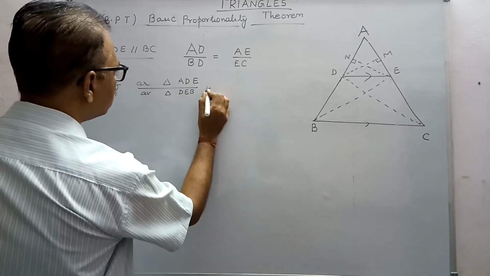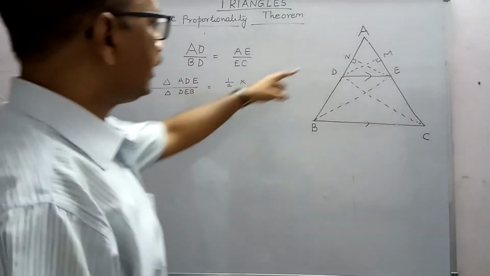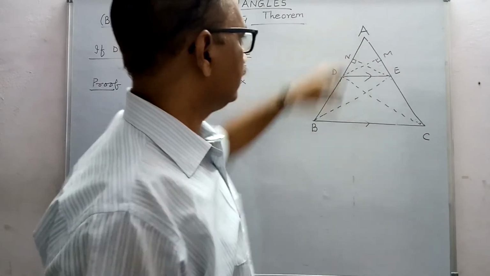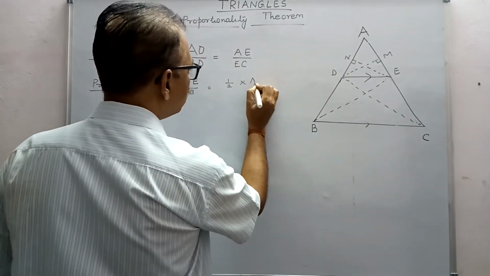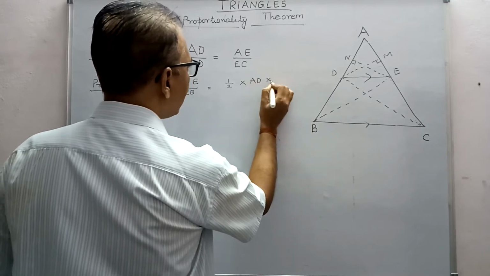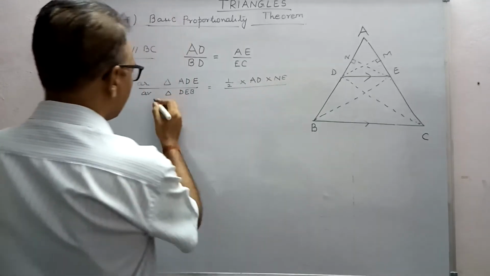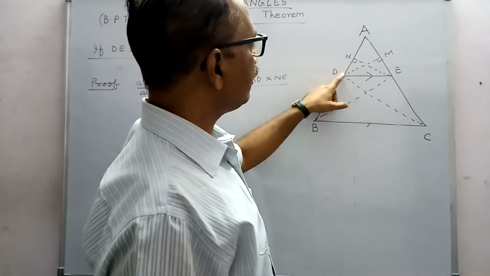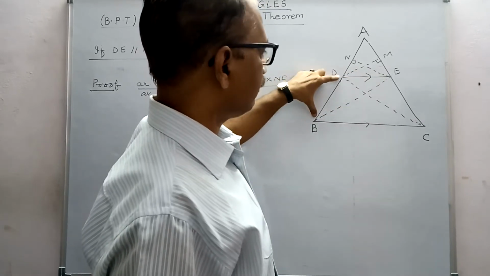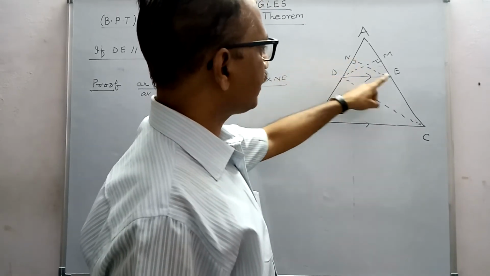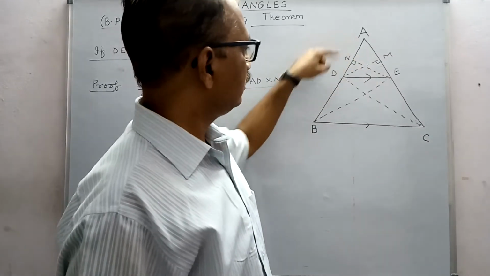is equal to half into, here you see ADE, the base is AD and the altitude is EN. So half into AD into EN, upon area of DBE, which is equal to, the base is BD but the altitude is EN, which is lying outside the triangle.